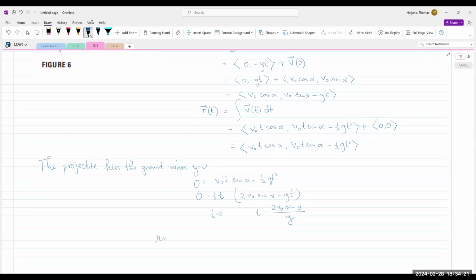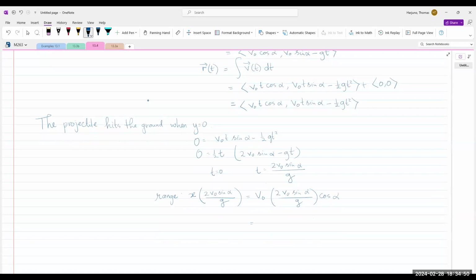The range is the x component at that time, which is v naught times 2 v naught sine alpha over g times cosine alpha, which will give us 2 v naught squared over g sine alpha cosine alpha.